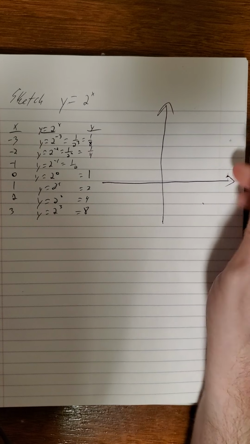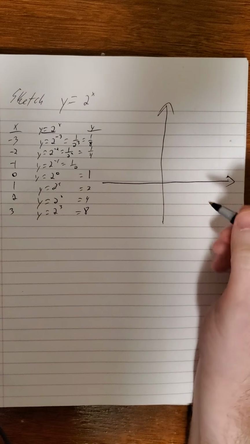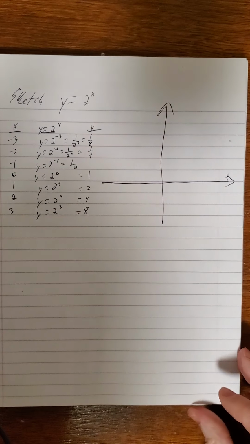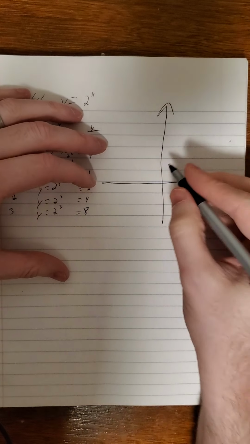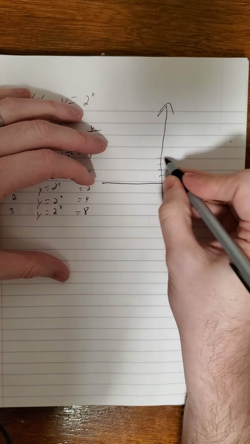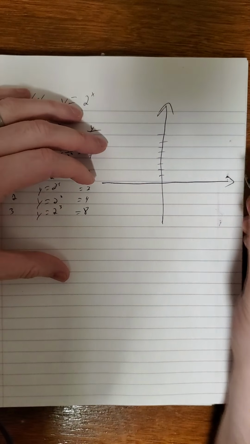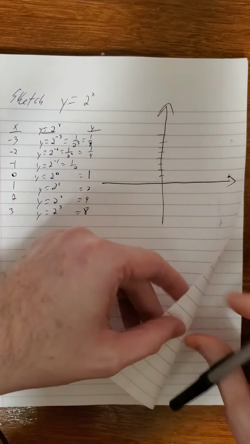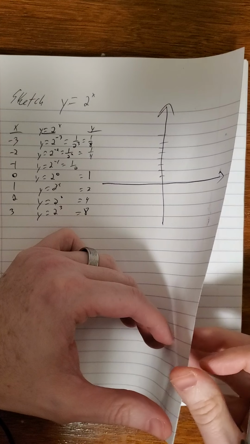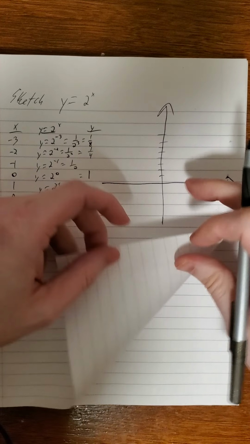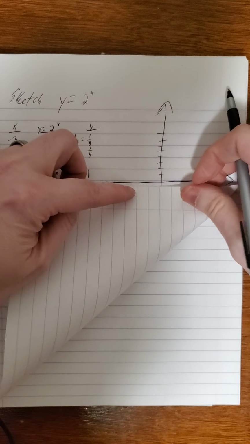I have my handy dandy stamper here, so we'll just kind of use the paper as a guide here. So then each line here, each line would be 2, so every half.